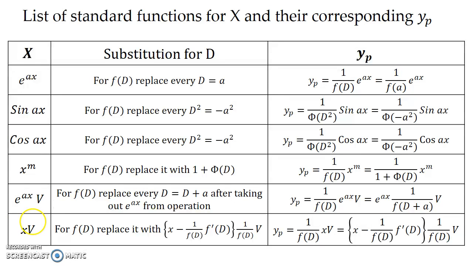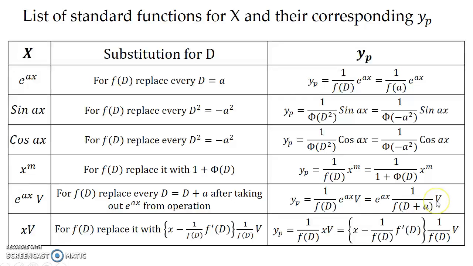Whenever you come across such a function, we replace every d with d plus a after taking out e raised to x from the operation. What is the meaning of this? If yp is equal to 1 upon fd operating on e raised to x times v, where v is some function of x other than e raised to x, then we take out e raised to x, replace every d with d plus a, and now 1 upon f of d plus a will operate on v.